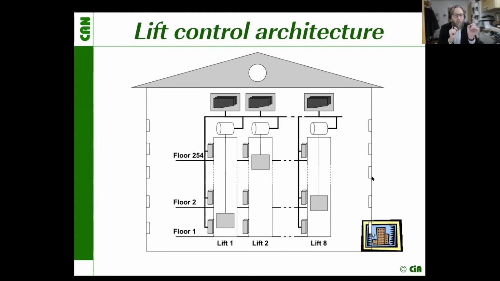In CANopen, we are limited to 127 devices. If we had just one lift with up to 254 floors, we would already have more than 127 devices. So we also exceed that limit, which means from that point of view, we also need to segment our application.